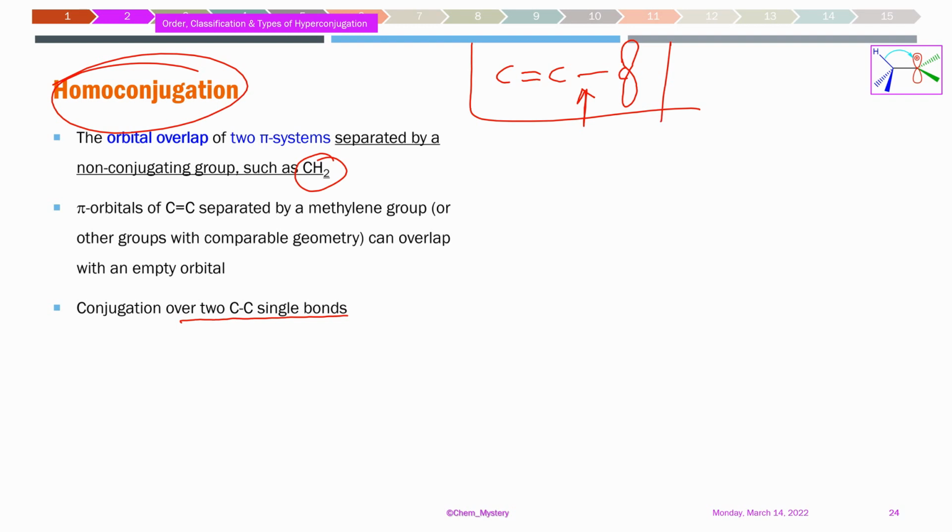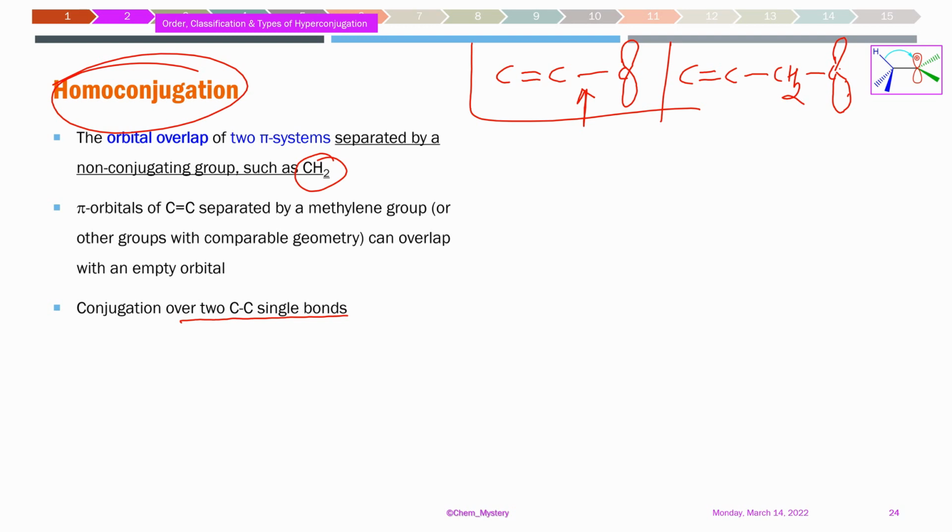We can think of this electron delocalizing over that. This is the new bond being formed, and the carbon on the extreme left gets the positive charge.